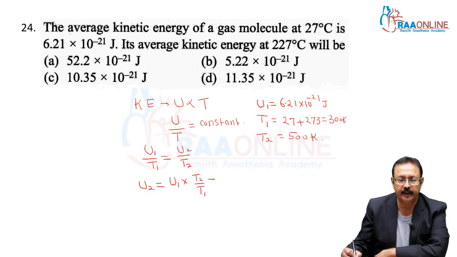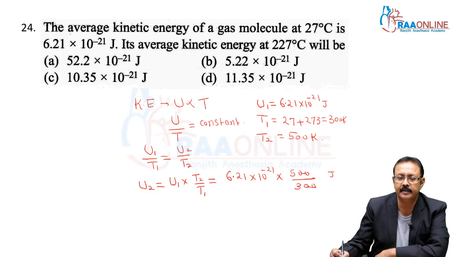So now we can solve it. 6.21 into 10 to the power minus 21 into 500 divided by 300 joule.